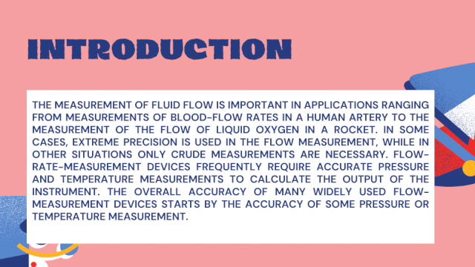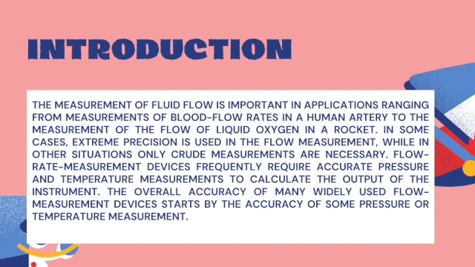In some cases, extreme precision is used in the flow measurements, while in others, we only need crude measurements. And flow rate measurement devices frequently require accurate pressure and temperature measurements to calculate the output of the instrument. The overall accuracy of the flow measurements starts with the accuracy of the pressure or temperature measurements.